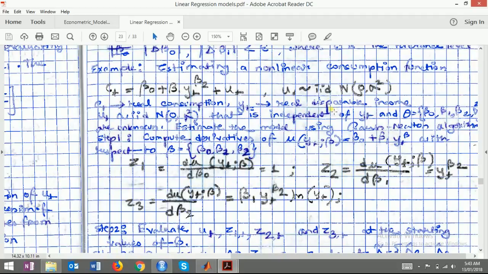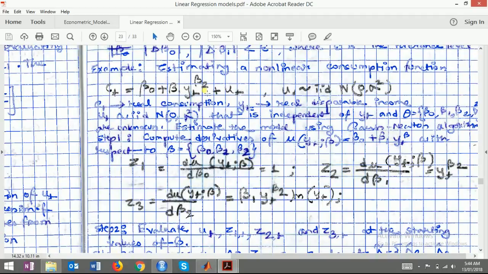Here ct is consumption, yt is real disposable income, and ut is independent of yt and theta. In theta we have beta naught, beta 1, beta 2 and sigma square, because obviously they are unknown.